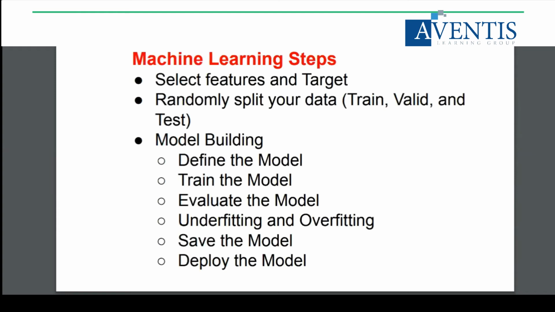Now I decide to put 60% of my data in a training data set, and the remaining 40% I split 20-20 and put in the validation and testing data sets. So if I put 20% in validation and testing, and the whole size is 1,000, then 200 data points are in the validation and 200 in the testing.